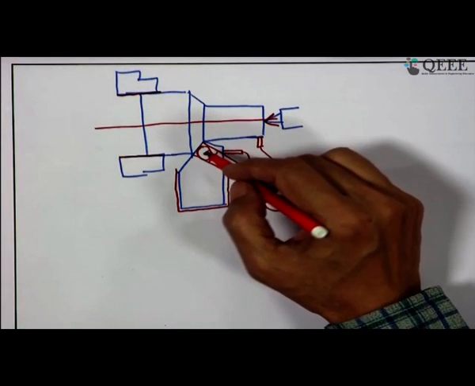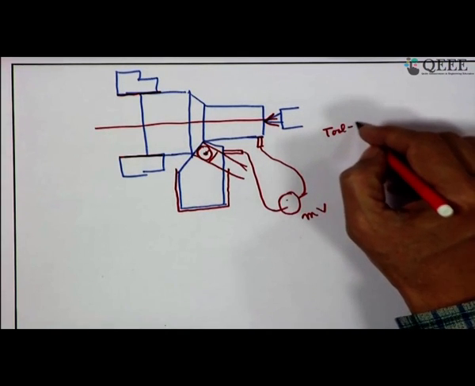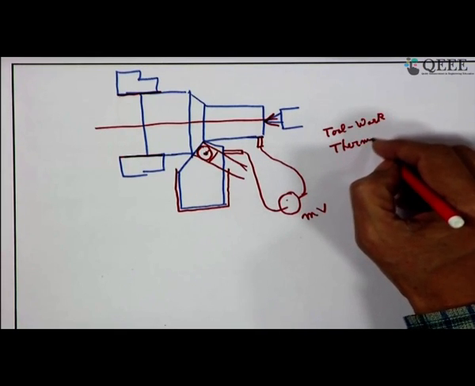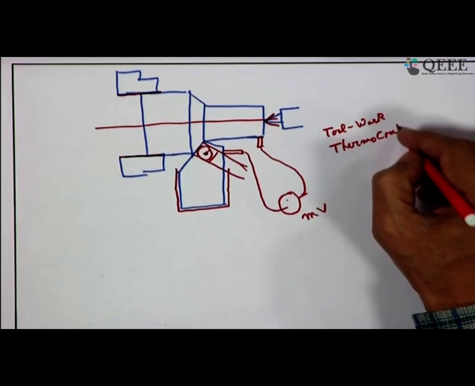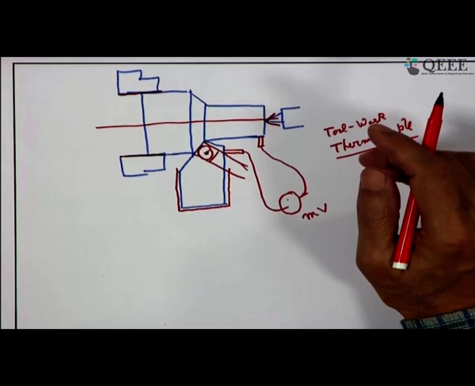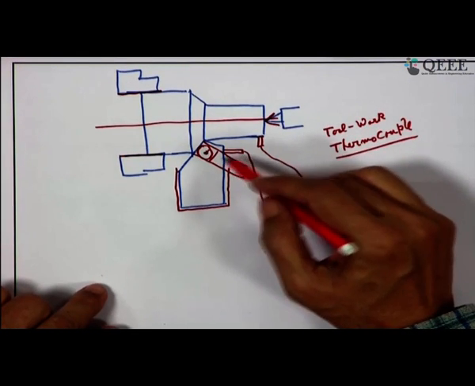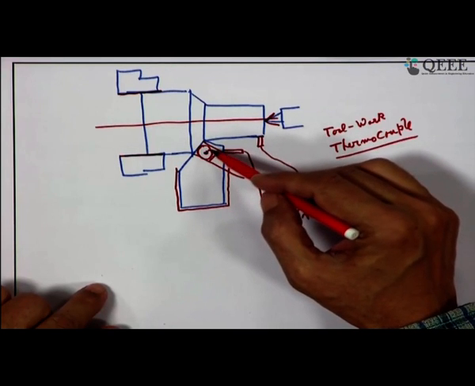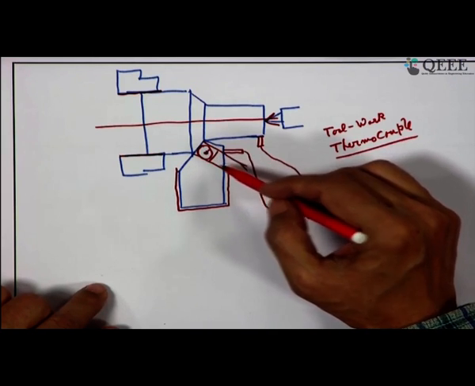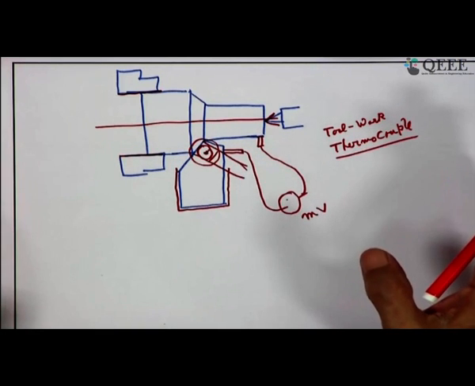However, you have to calibrate this couple. Here it is a tool work thermocouple, and this tool work thermocouple should be calibrated. How can you do that? It is not a very difficult task. You take a long chip, welded to this tool, and then the whole thing you can put in a hot bath.